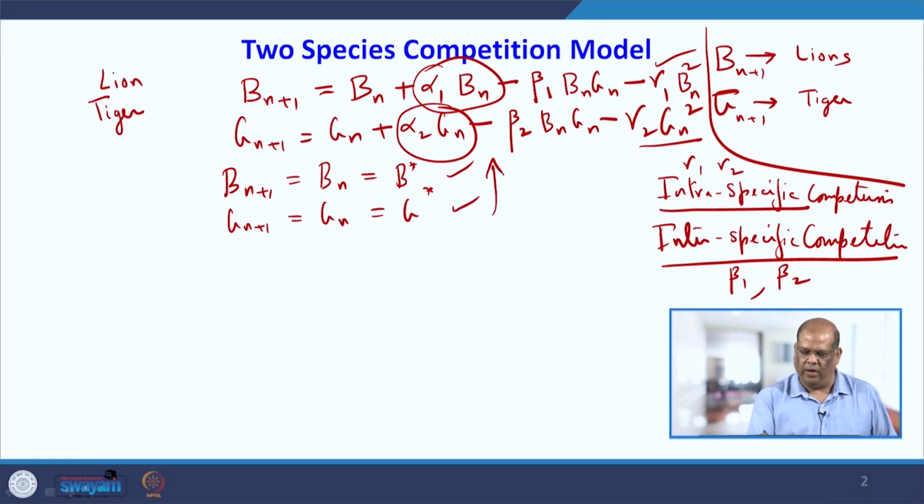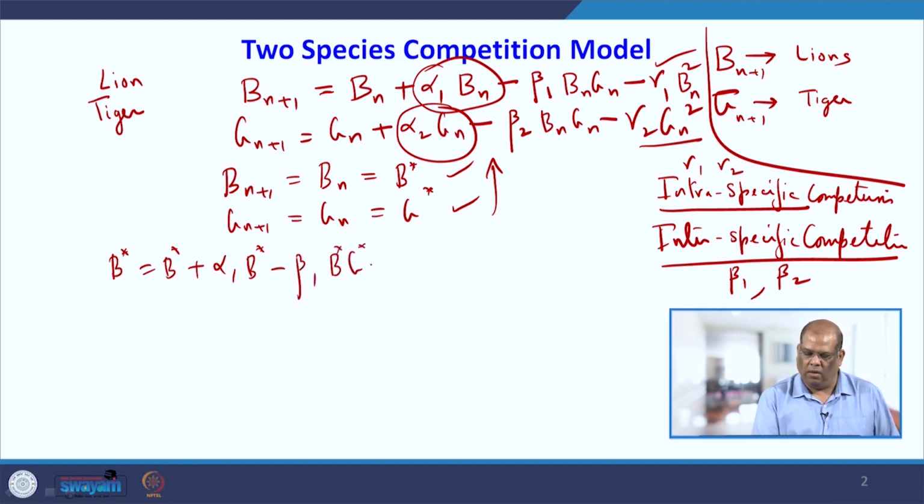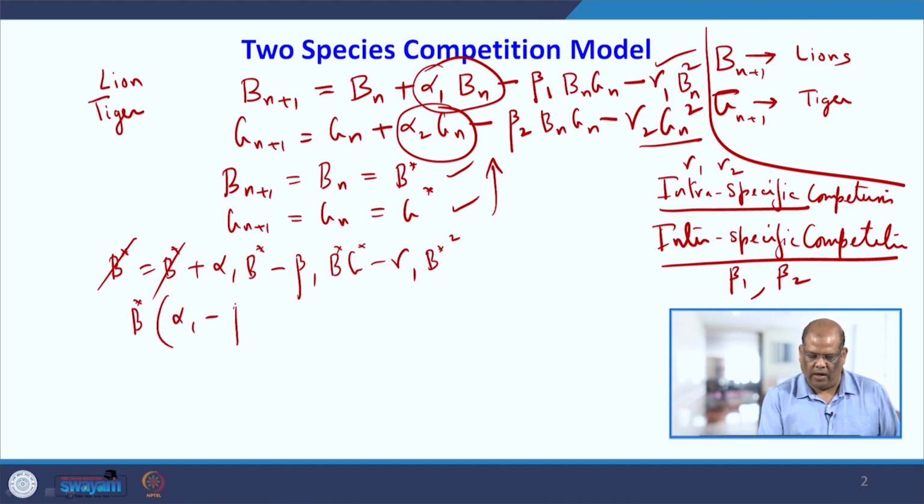You substitute them here and you get b star equal to b star plus alpha 1 b star minus beta 1 b star g star minus gamma 1 b star square. These two cancel. I take b star common and I get b star times alpha 1 minus beta 1 g star minus gamma 1 b star equal to 0.